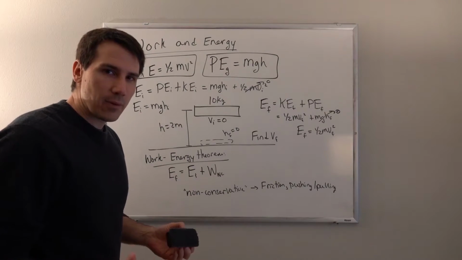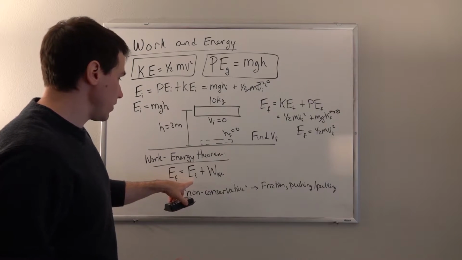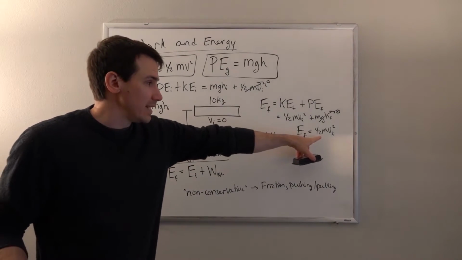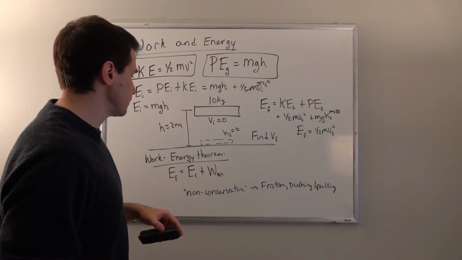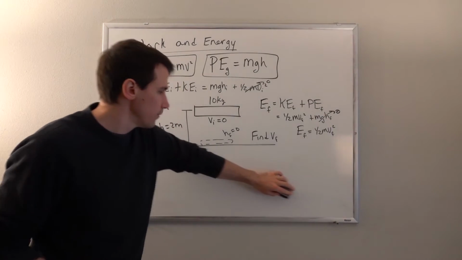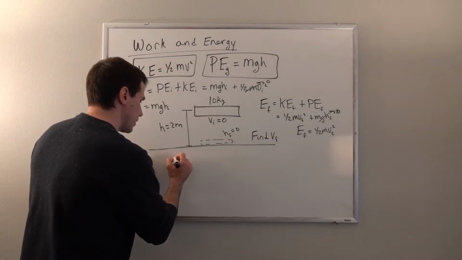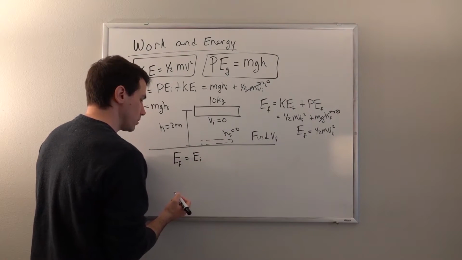So now what we can do is relate, using our work energy theorem, our final kinetic energy to our initial potential energy, which we will do right down here. So E final equals E initial.